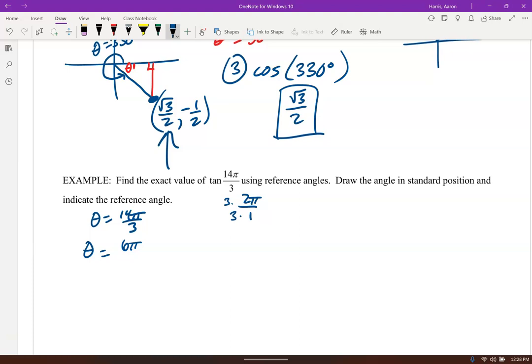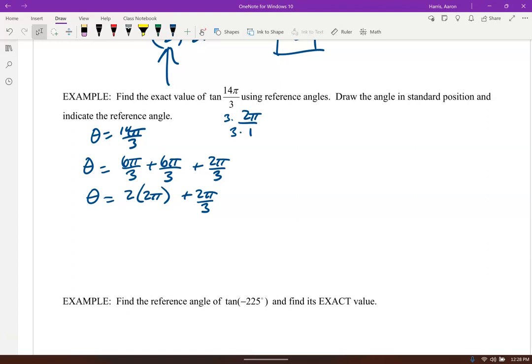This is 6 pi thirds plus another 6 pi thirds. There's 12 pi thirds. But I need to get to 14 pi thirds, so 2 pi thirds more, right? So this is around twice and 2 pi thirds more, right? Around twice plus 2 pi thirds.